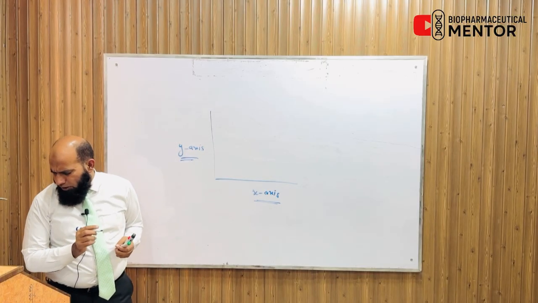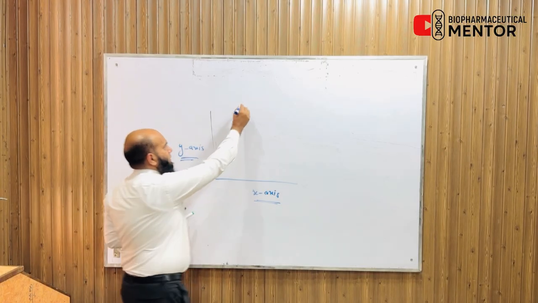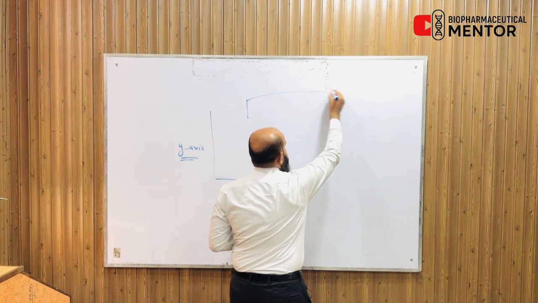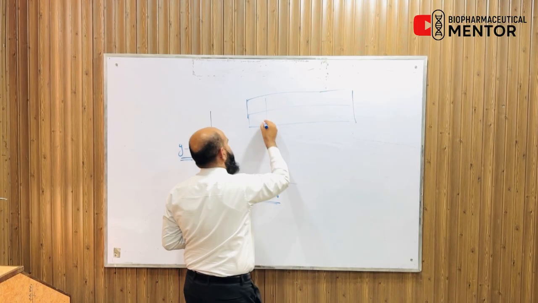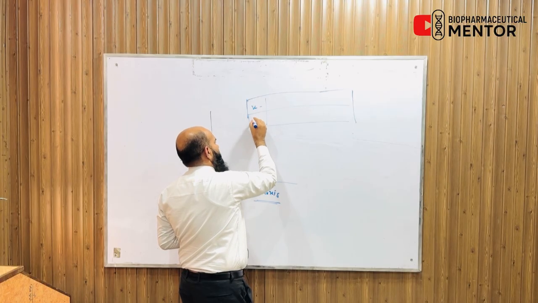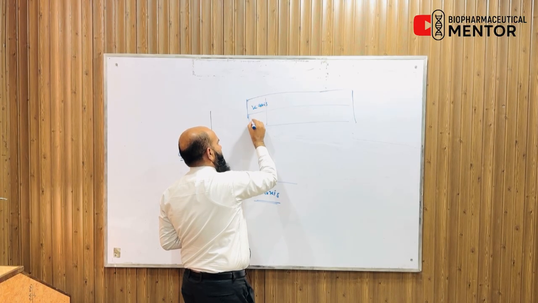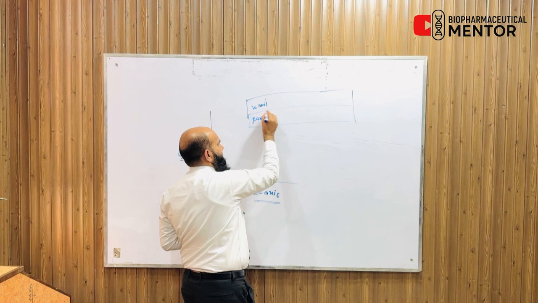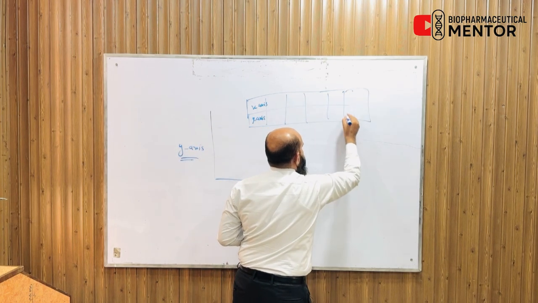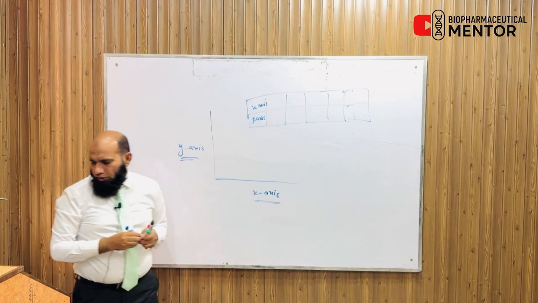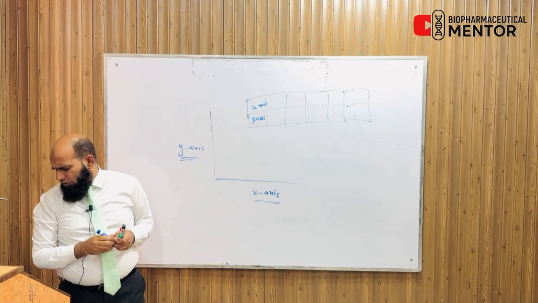First of all, I will make the table of the data. We have two columns: x-axis values and y-axis values. On the x-axis: 2, 4, 6, 8 and 10.